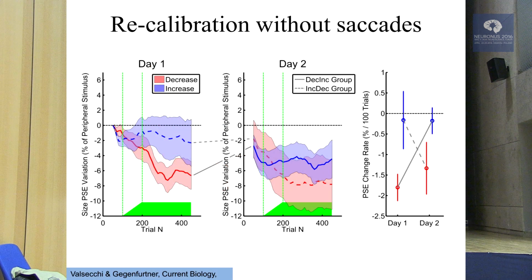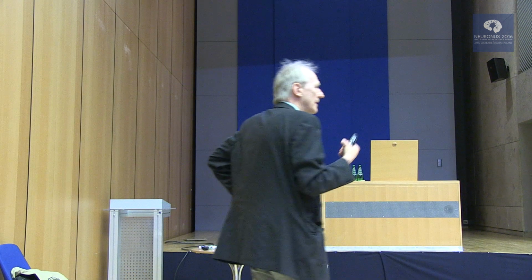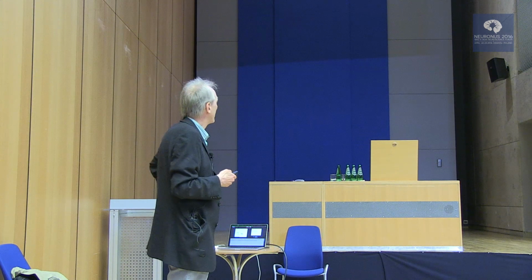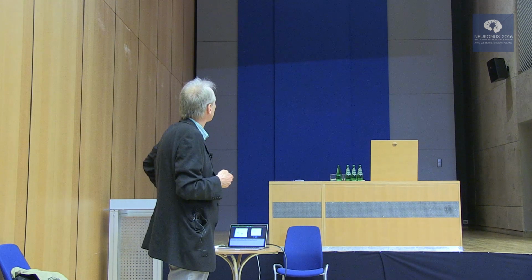And with that manipulation, there was still an effect, but you can see here that the effect was much smaller. So the saccades are really the best way to learn this contiguity between foveal and peripheral stimulation.